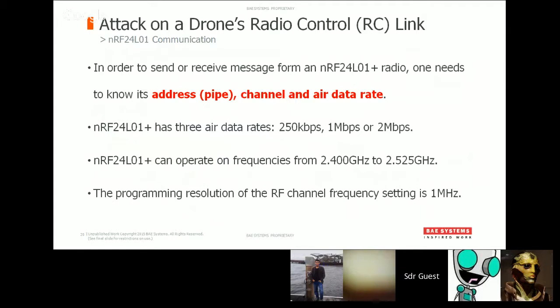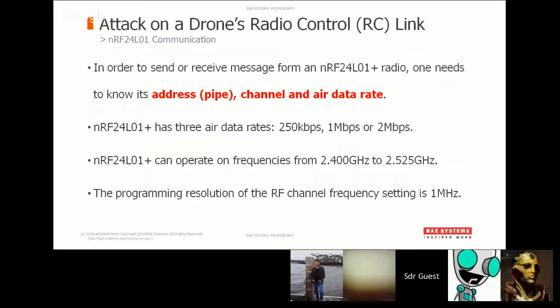So that means there are only 125 possible channels. So we have three possible data rates, and we have 125 possible channels. So we can work out the combinations of different air data rate and the channels.